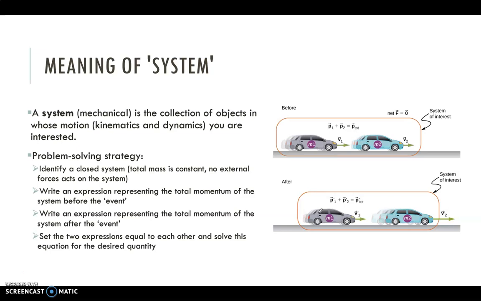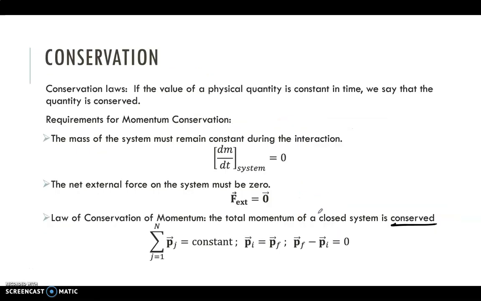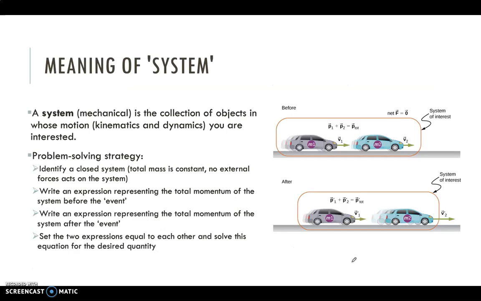Whatever the event may be, it might be an explosion, it might be a collision. Write an expression representing the total momentum after that event. Then we'll set these two equal to each other, and solve the equation for the desired quantity. That's why I put this in here. Back here, our initial momentum is equal to our final momentum, since our momentum should remain the same.